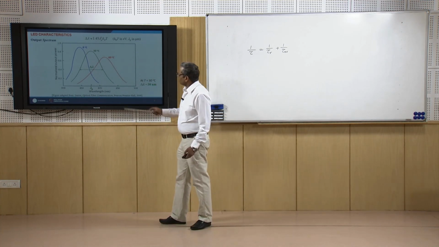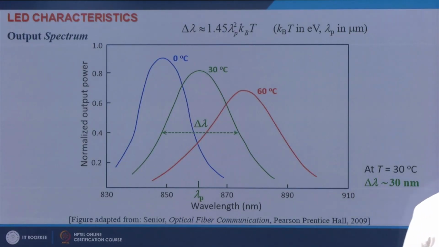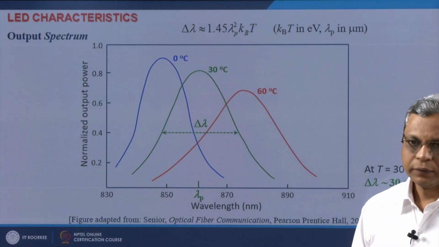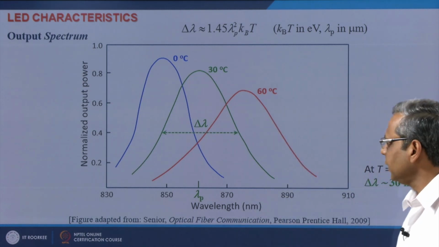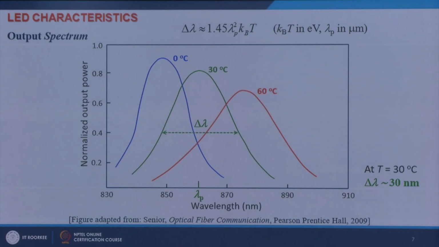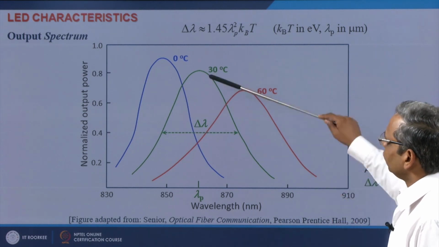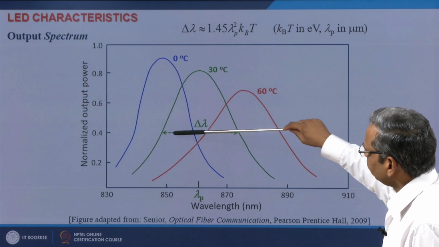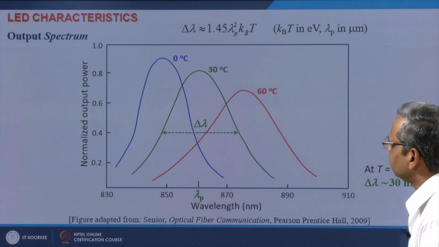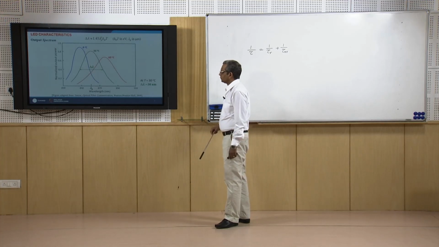So we quantify this spectral extent of the light output from an LED in terms of the line width. This line width is the full width at half maximum. So you take half the peak power, you come here and then you measure this width, then this is delta lambda, which is known as spectral width.